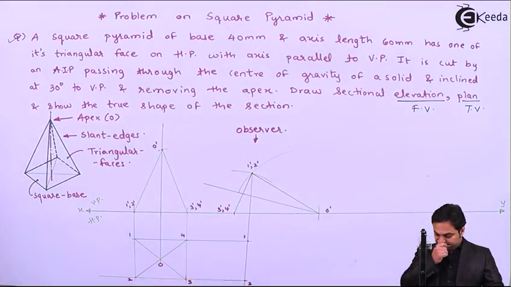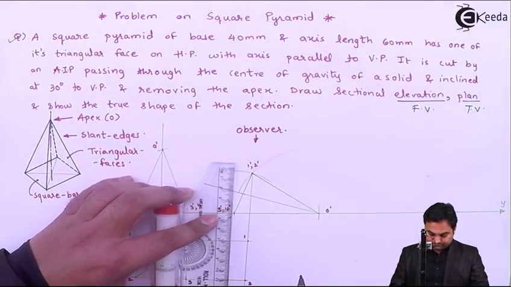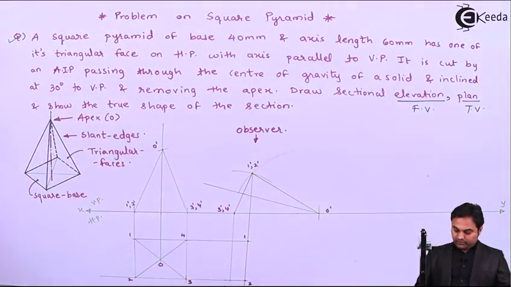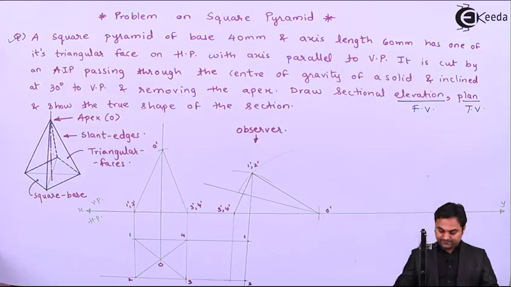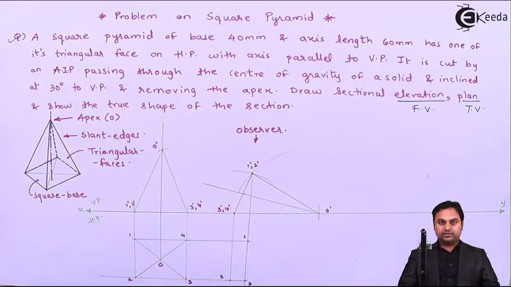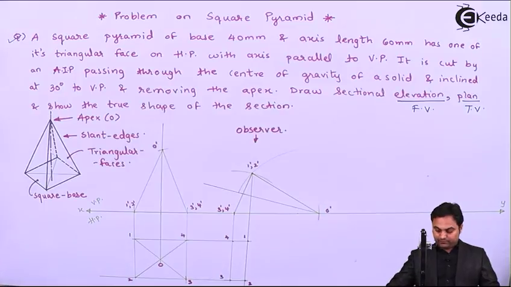For 3 and 4, where 3 and 3 dash intersect, that's point 3. Similarly 4 dash and 4, that will give me point 4.